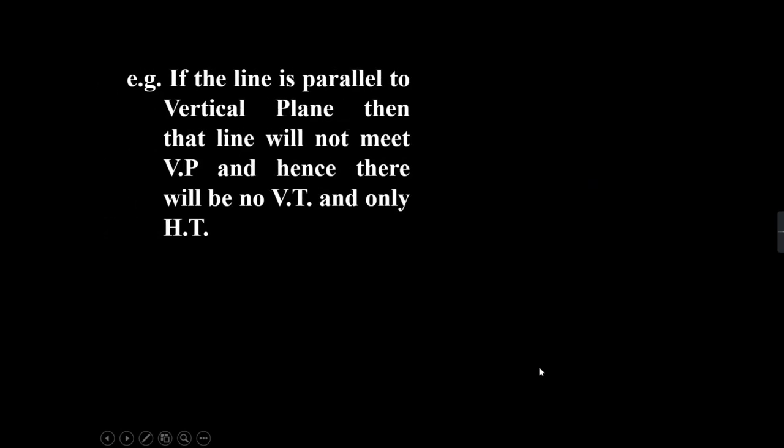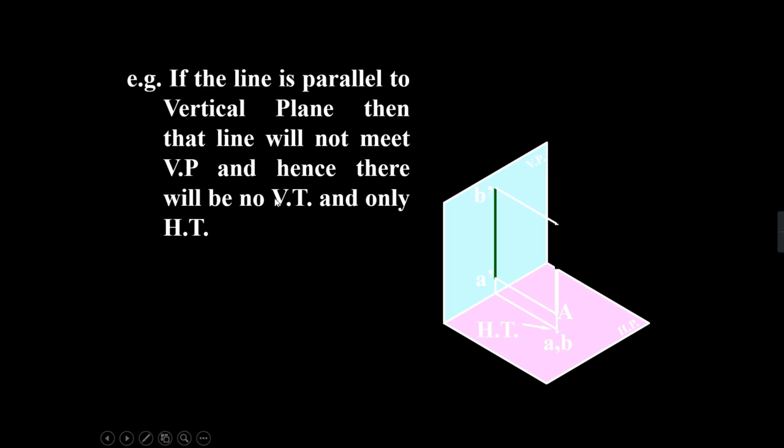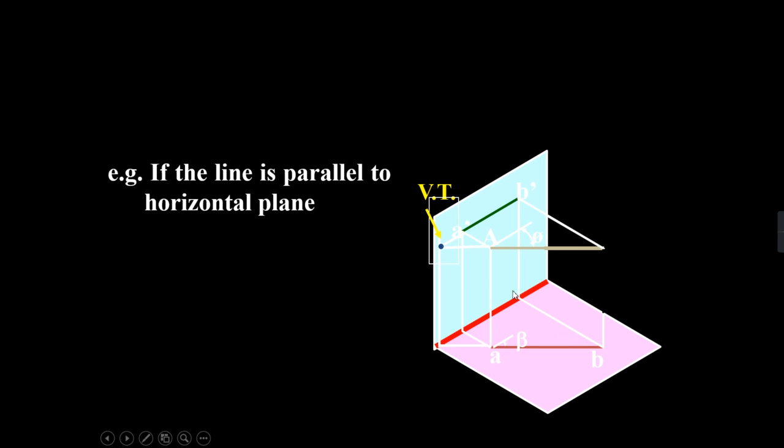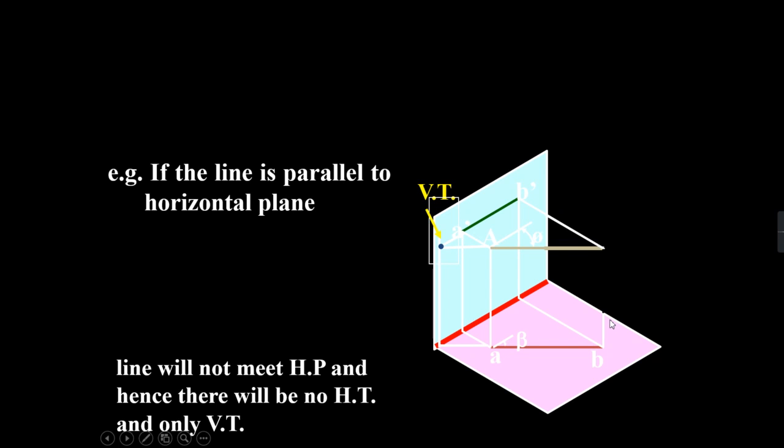In a similar way, if the line is parallel to the vertical plane, then there will be no vertical trace, there will be only the horizontal trace. Here are some other examples: if the line is parallel to the horizontal plane, this is your vertical trace and there will be no horizontal trace.